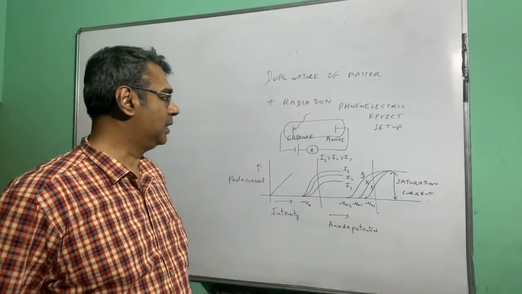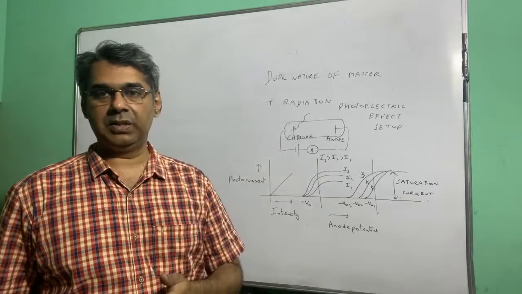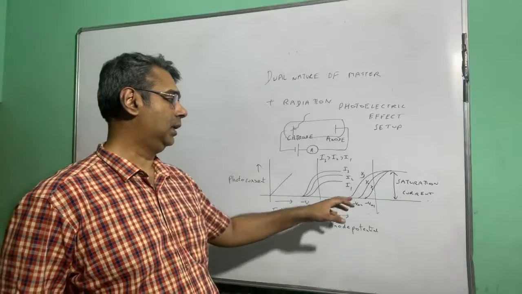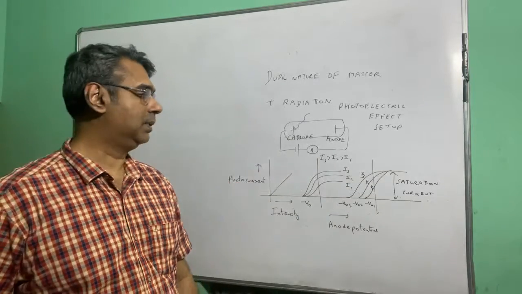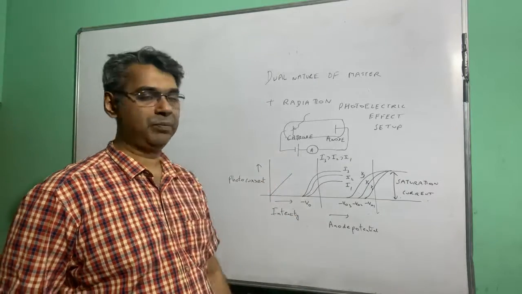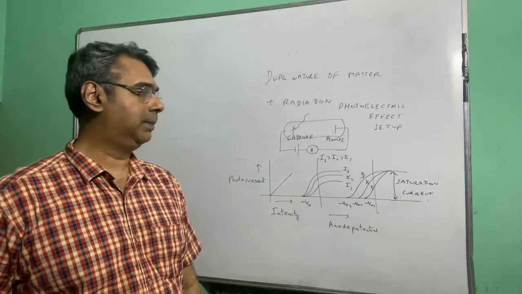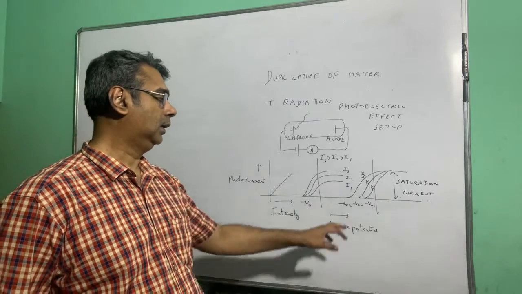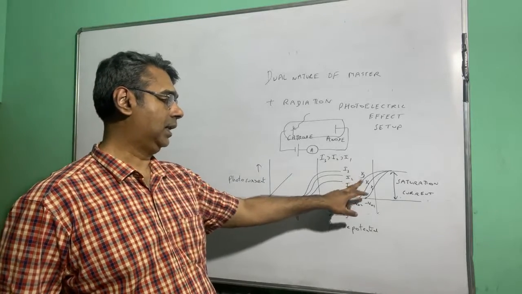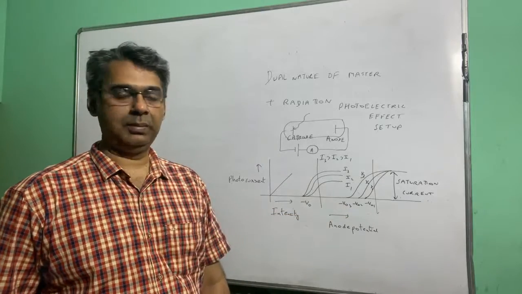So if the frequency of the light changes, it will not affect the saturation current. That means frequency does not affect saturation current. On the other hand, if the frequency is high, then the stopping potential will be high.